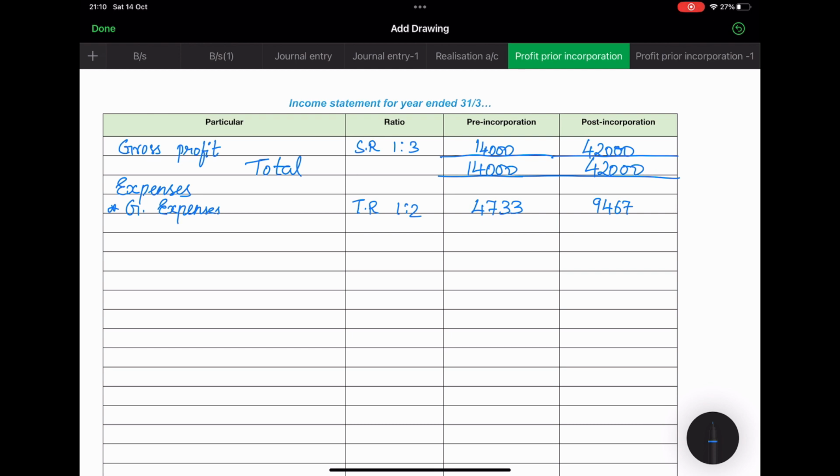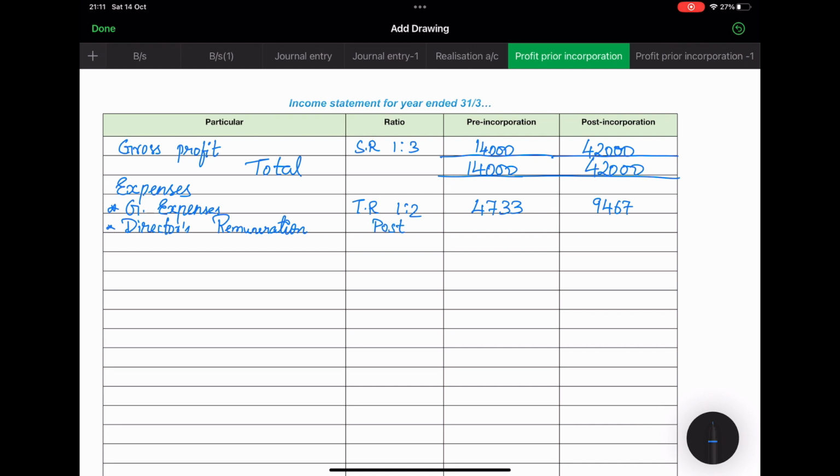Next we are having directors remuneration, full and full related to post.